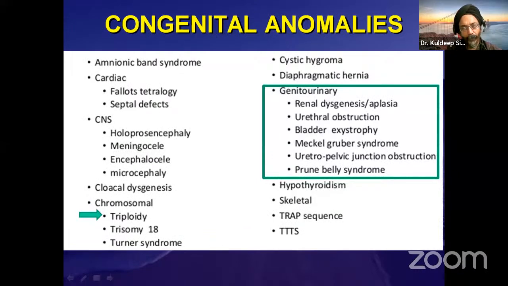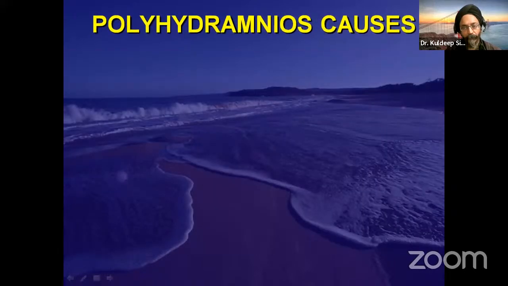The moment you're looking at abnormalities and oligohydramnios, be watchful of looking for renal problems. Be watchful for chromosomal abnormalities, especially triploidy. Otherwise, we have a bunch of things and we need to be doing a careful anatomic survey.